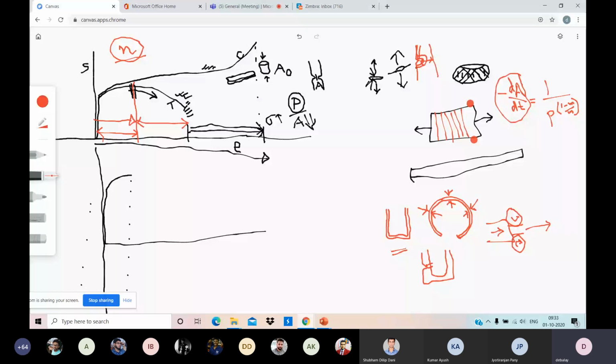So even if in a piece of metal a small neck has formed, but if m equals 1, you will find that this decrease becomes independent of the local thickness. This was P or A? You remember? It was A or P? A. Anyway, I will show. Area, sir. So area. It becomes independent of the area.